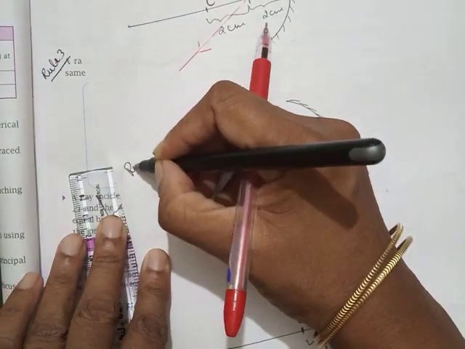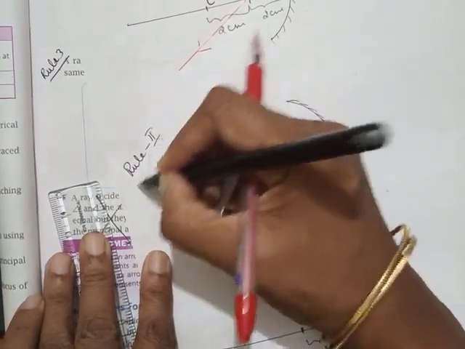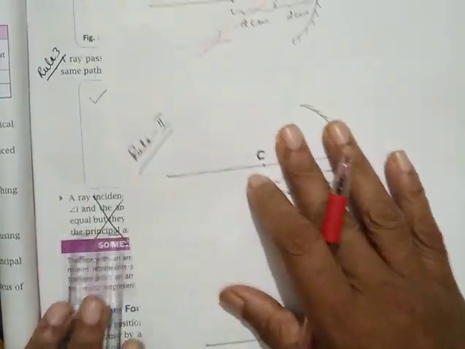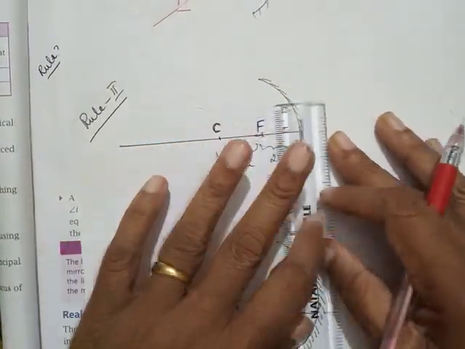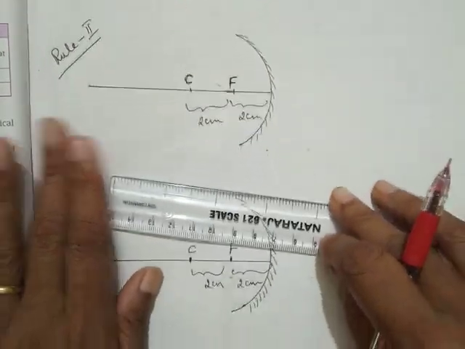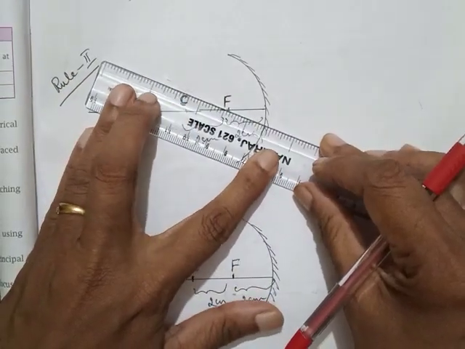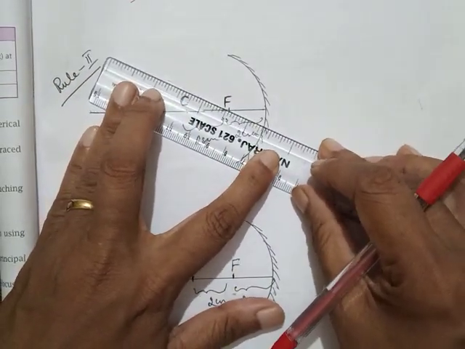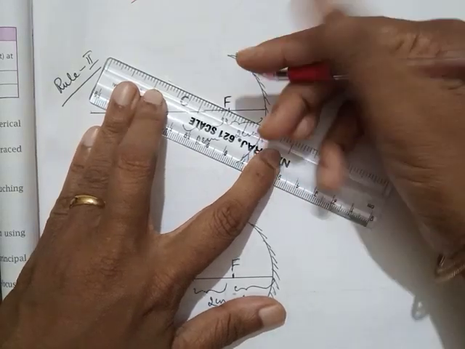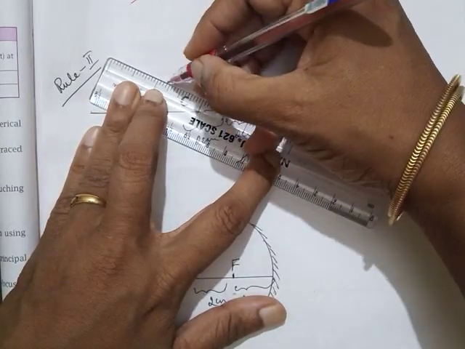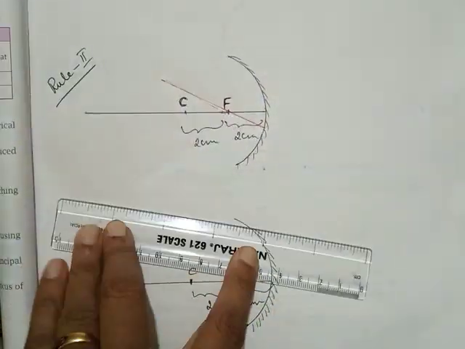Then come to rule 2. I hope you are drawing along with me. Pause it in between and keep drawing, children. Then it will be easy for you to follow. Coming to rule 2. Now you have to take an incident ray passing through focus. So what you do? You keep your scale like this and draw a straight line like this.